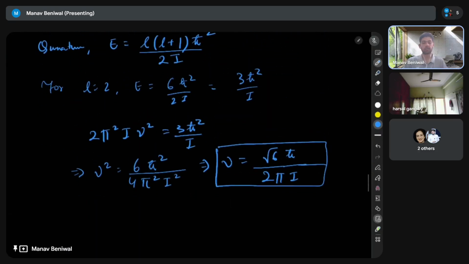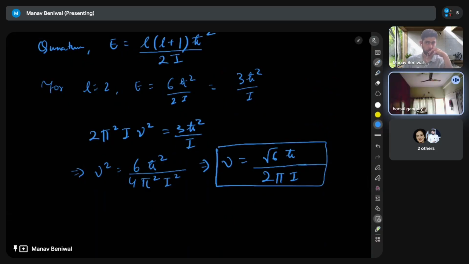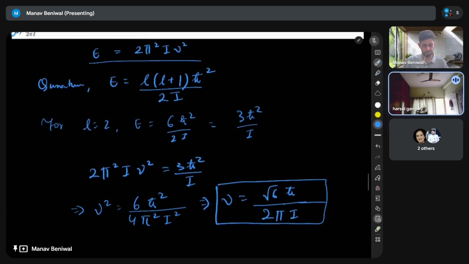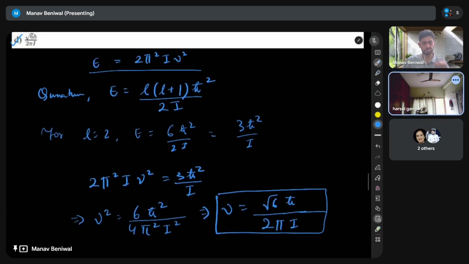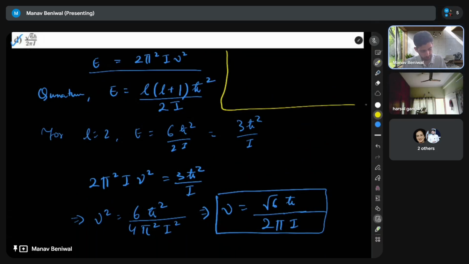Any doubts? The formula of energy, L into L plus 1 into h cut squared by 2I, is that a standard formula? Yes. There is a problem in quantum mechanics, like we have a 1D potential in the x coordinate.